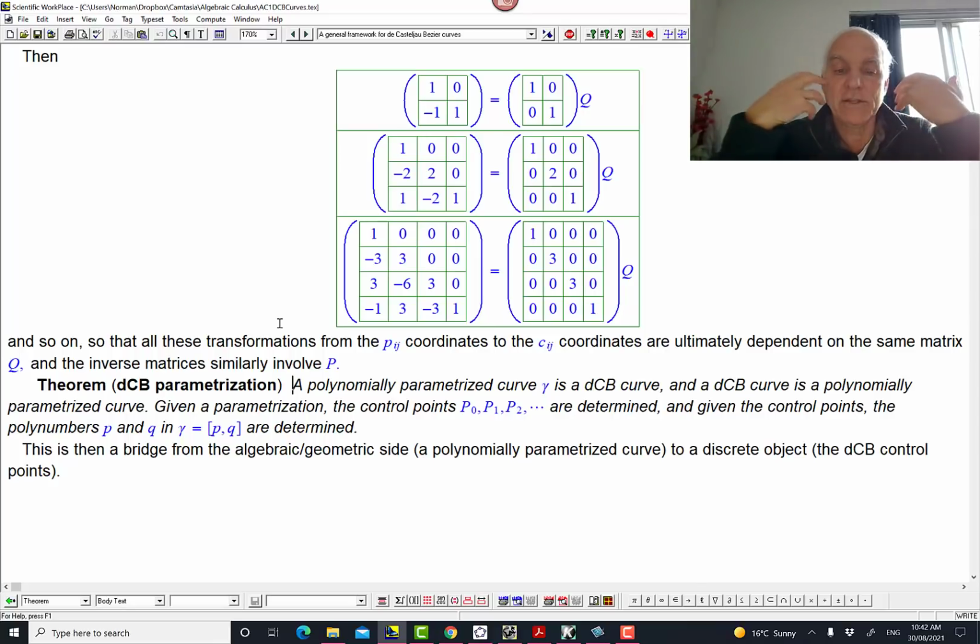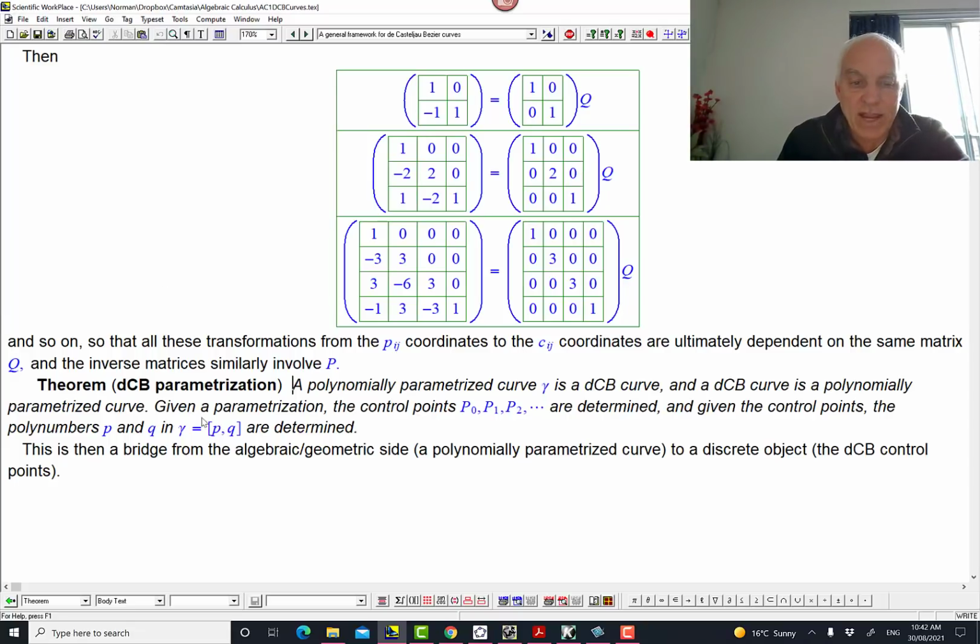So these two things are the same. Whether you're starting with a curve, which is a pair of polynumbers, or whether you're starting with a DCB curve generated by control points, they are the same thing. And that's really the reason why the DCB curves are so important, because you're getting just the polynomially parameterized curves, which are the most fundamental and simplest curves to deal with in calculus.